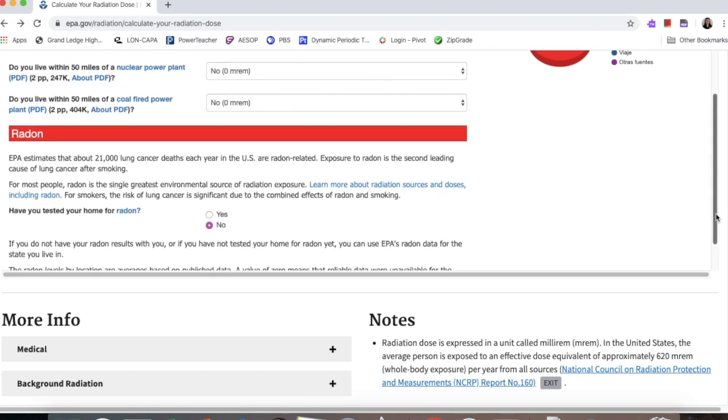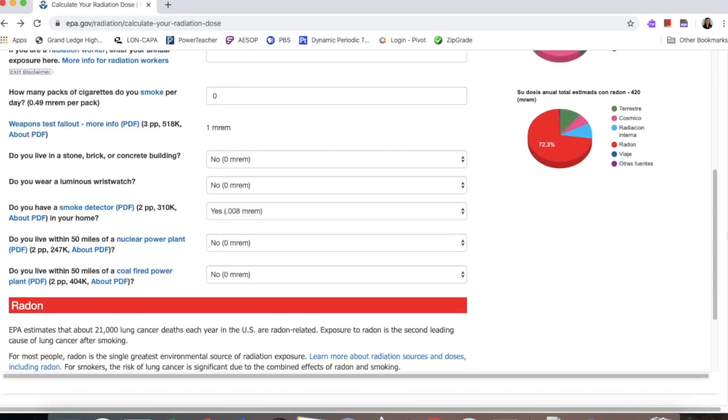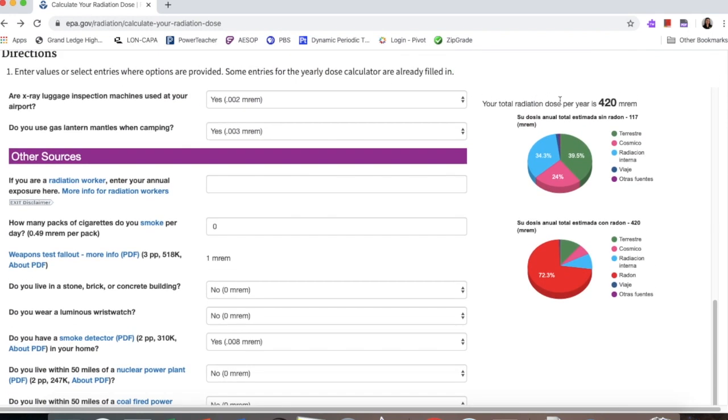So that puts my total radiation dosage for the year at 420 millirems, where 72% of that is coming from radon. So my total yearly radiation dose is a lot less than the US average.